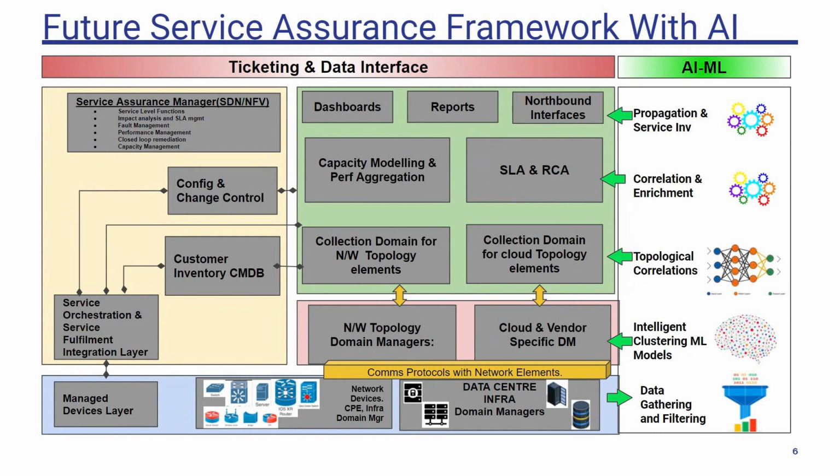Okay. So if you remember our previous blocks, those were there. Right now, what we will have in future is a service assurance framework. Some of the companies, like Verizon, have already started with AIML and data analytics in this space. And what we have tried to portray goes well beyond this, okay?